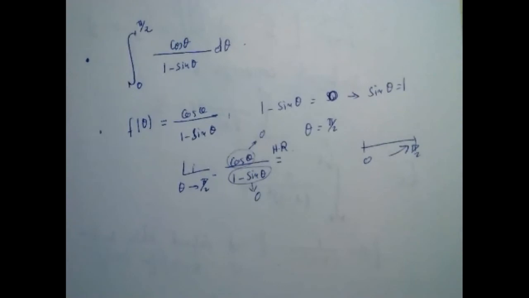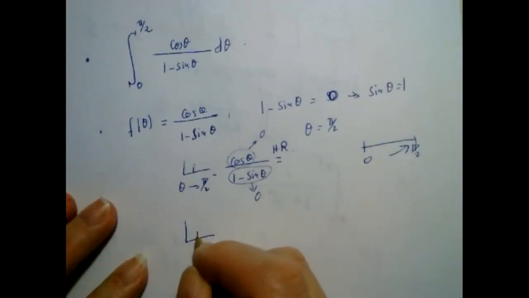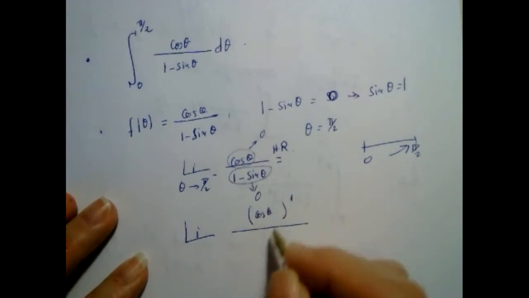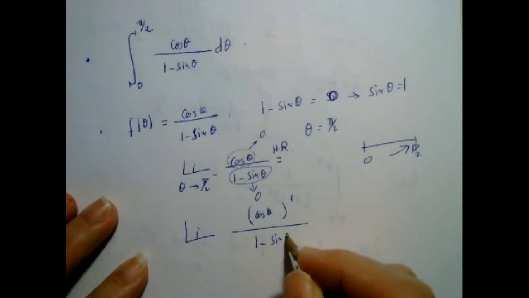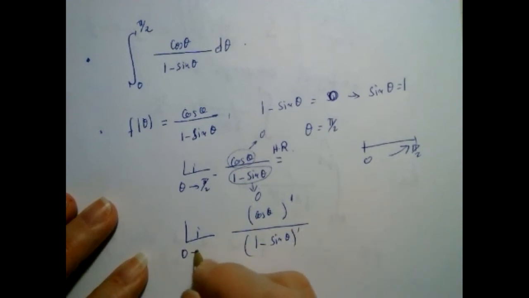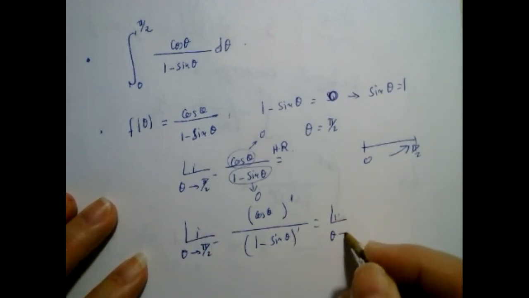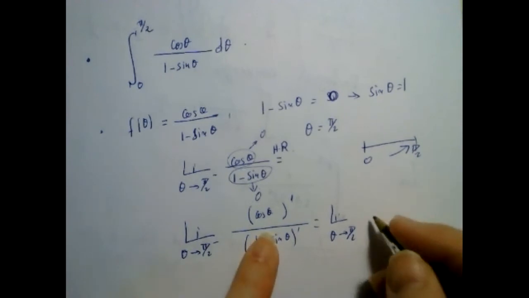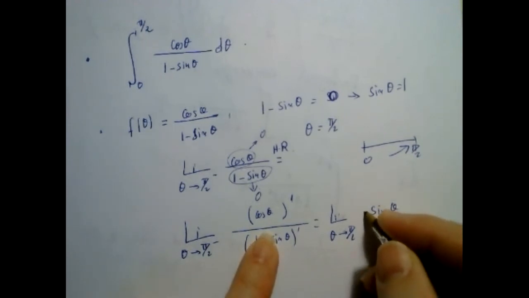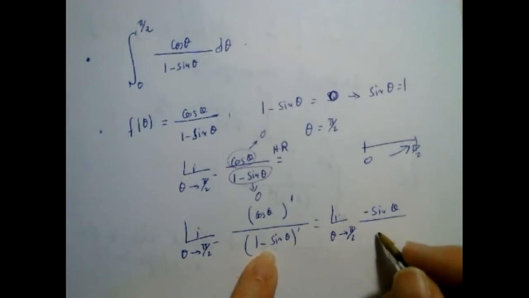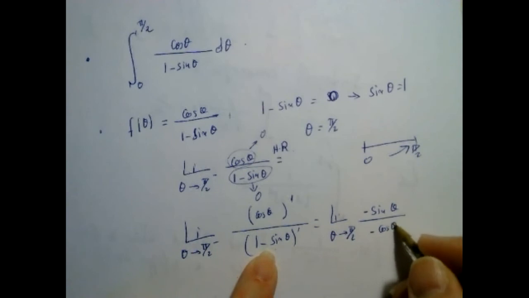Whenever we have 0 over 0, L'Hopital's rule tells me the limit is the limit of the derivative of the numerator over the derivative of the denominator. I wasn't planning to go that route, but I did. The derivative of cosine is minus sine, over 1 minus sine, whose derivative is minus cosine.